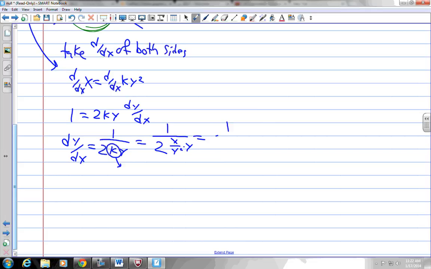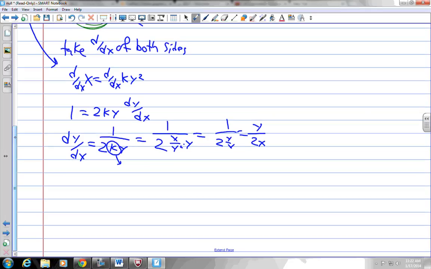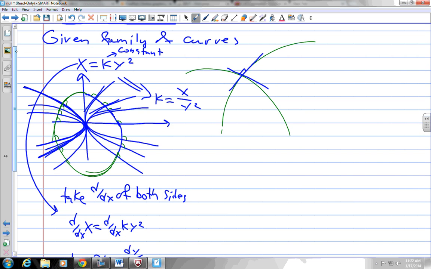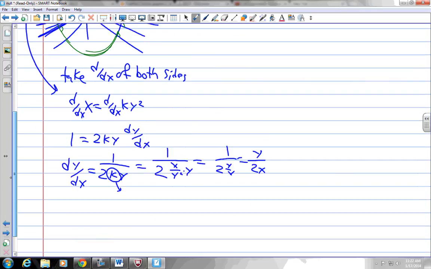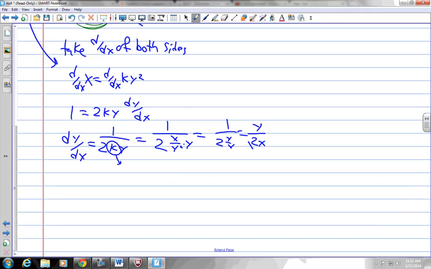So it's 1 over 2 times x over y, so this is y over 2x. That tells me I can find the slope of a tangent line to any one of those parabolas at any given point, and every one of those slopes is given by this formula.